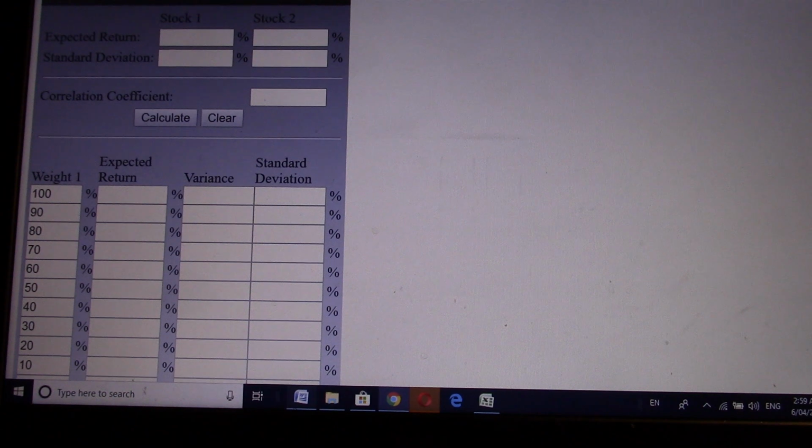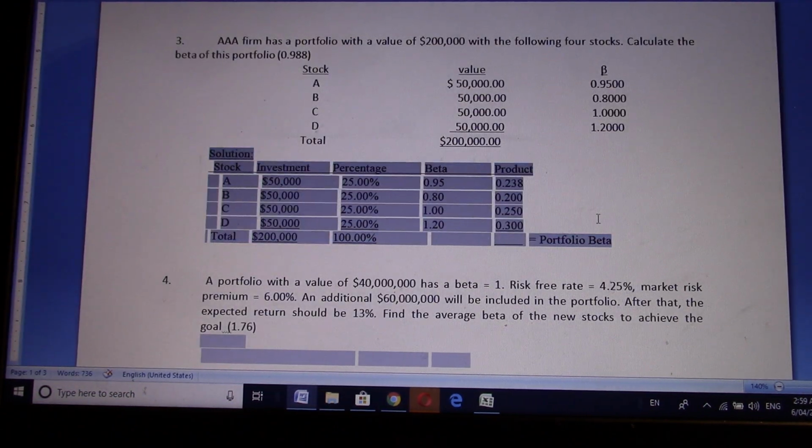So you just do the math calculation I was doing here. Total investment is $200,000. For stock A, the investment is $50,000, which is 25% of your total investment, and its beta is 0.95. Take the product of percentage and beta, and add them up. That will be your portfolio's beta. This is this question.